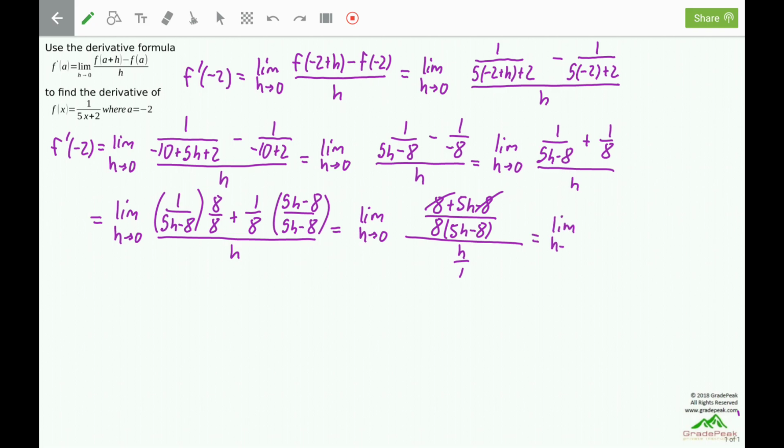So we have limit as h goes to 0, 5h over 8 times 5h minus 8, and then times the reciprocal, which is 1 over h. We actually multiply these. This gives us limit as h goes to 0 of 5h over 8 times h.